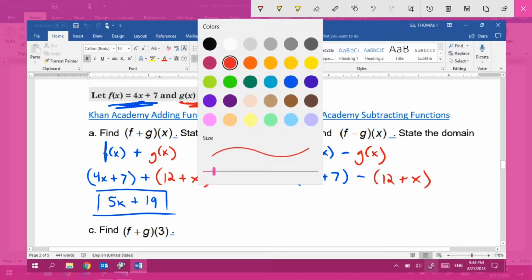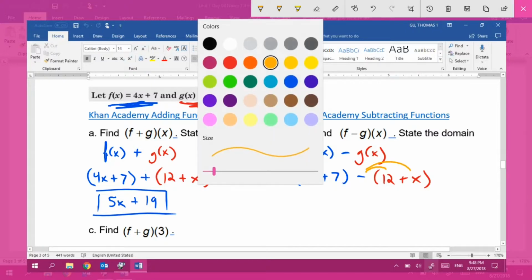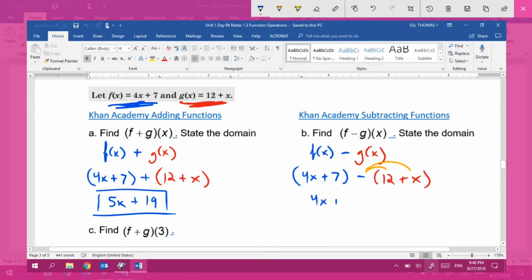What do you think happens with this negative sign outside of the parentheses here? It goes to everything inside the parentheses, the 12 and the x. So we give the negative sign to both of them. And this turns into 4x plus 7 minus 12 minus x.